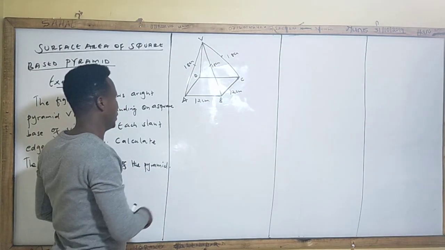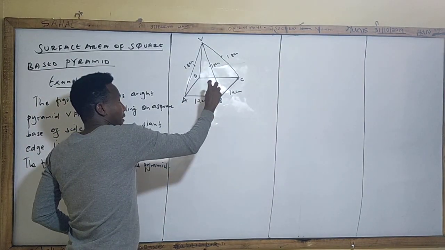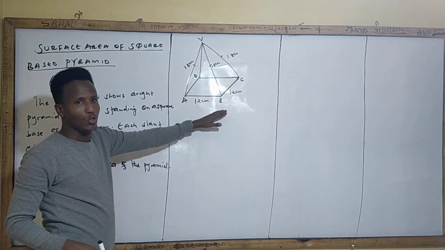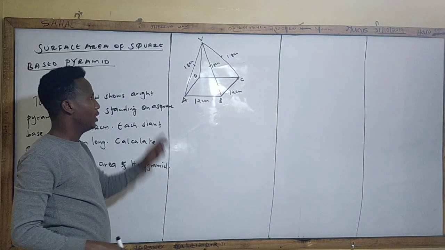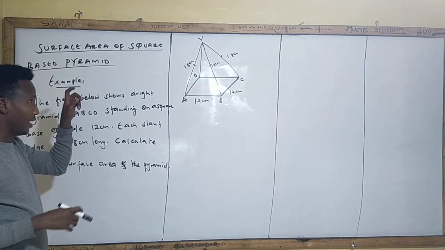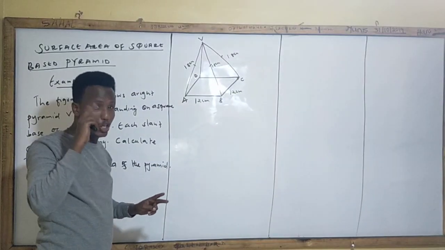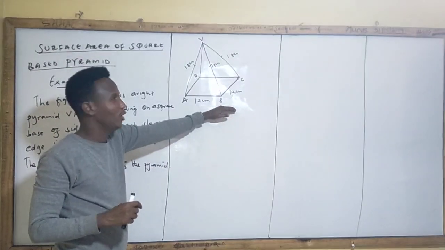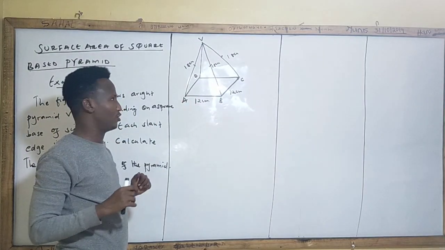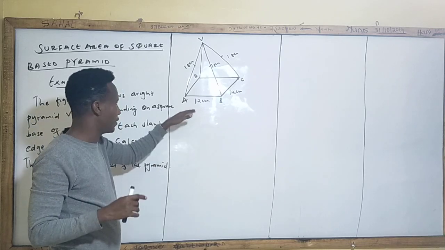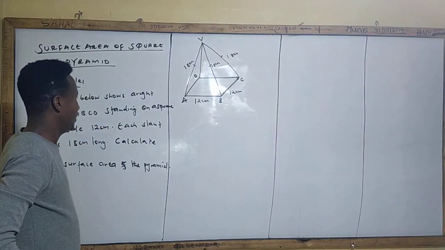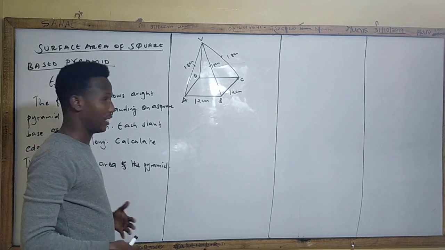So remember that when you have a square-based pyramid, the pyramid will have 4 equal triangles. But the problem will come when you have a rectangular base, of which I will emphasize a lot, God willing.